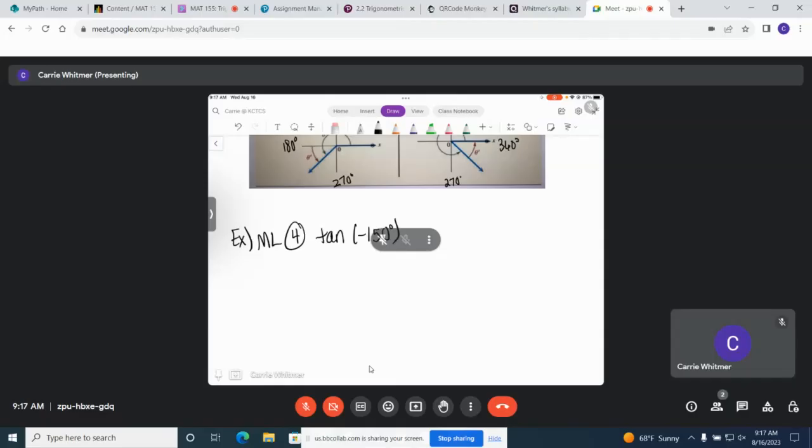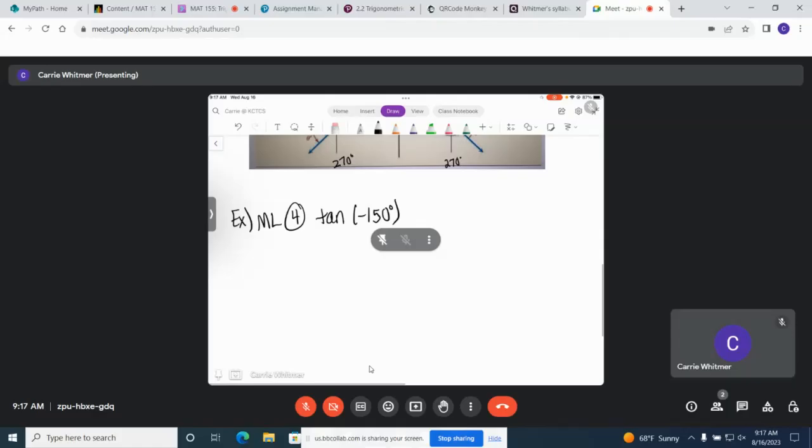First of all, the first part of the question wants to know if it's positive or negative. This time I'm noticing that my angle that's given is a negative angle.